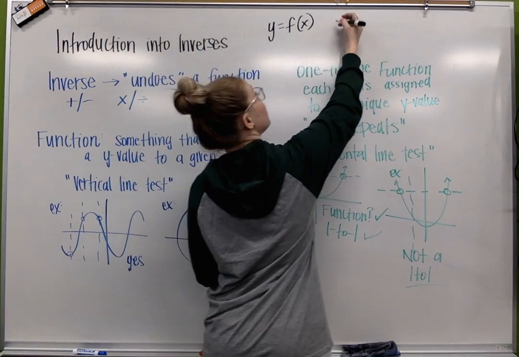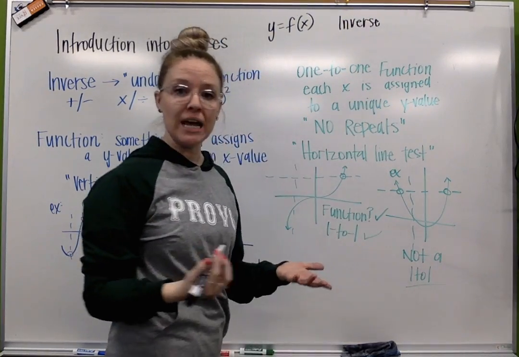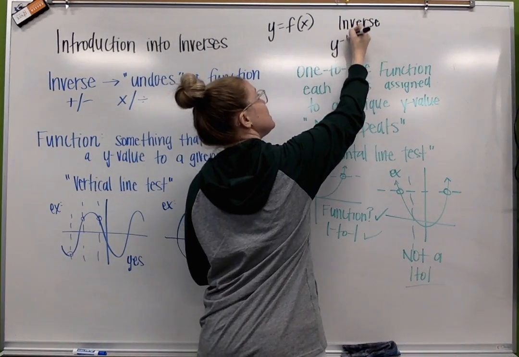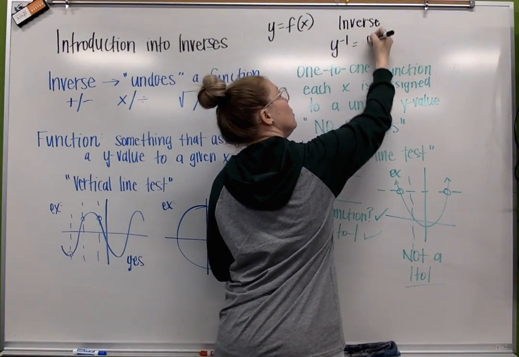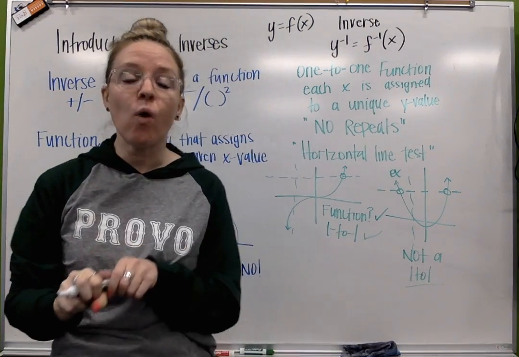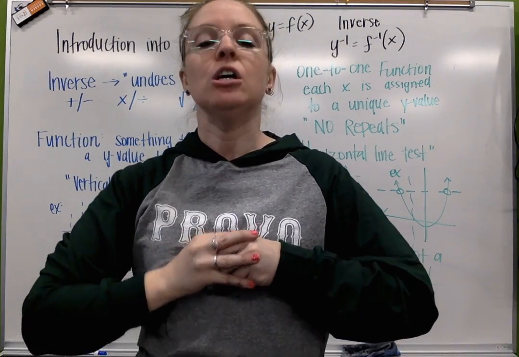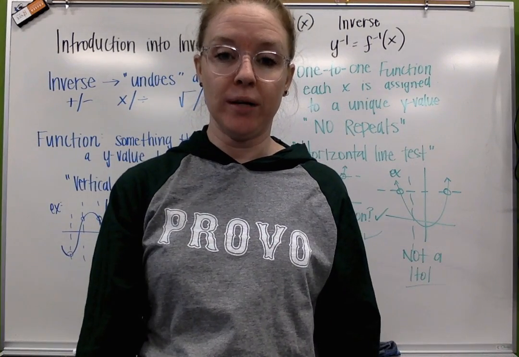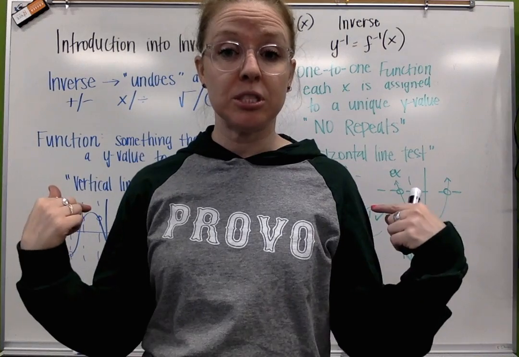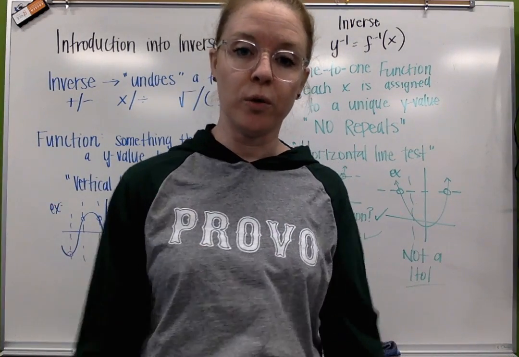When we're talking about the inverse, it also has a special notation. We're going to call this y to the negative 1 or f to the negative 1 of x. That negative 1 is what shows that we're talking about an inverse function. So you're going to see that pop up as we move forward. Okay, so now you should be able to check to see if a function's one-to-one. And with that fact, we're going to move forward to our next video.